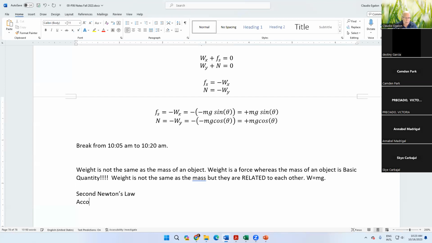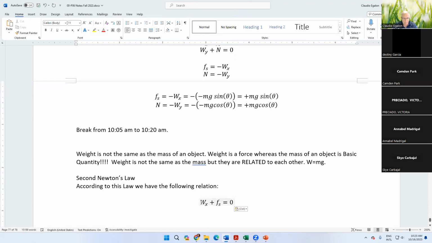According to this law, we have the following relation. Net force is equal to mass times acceleration.